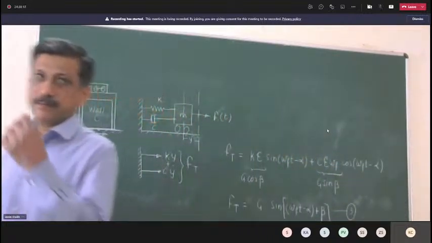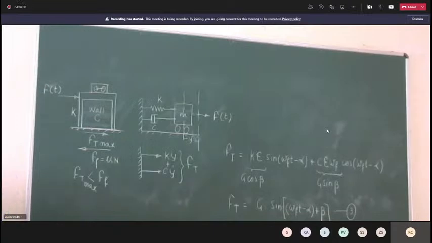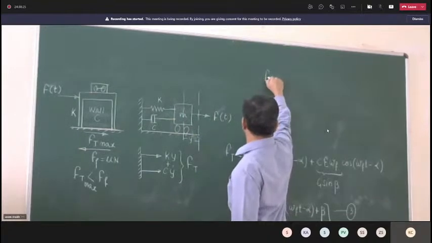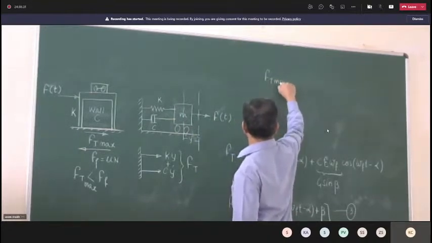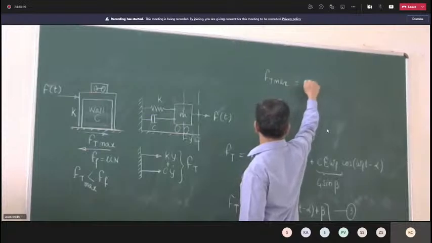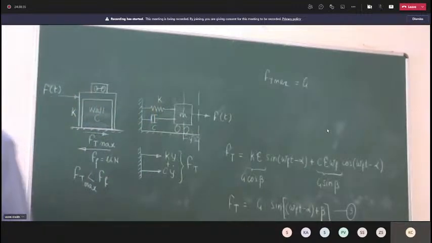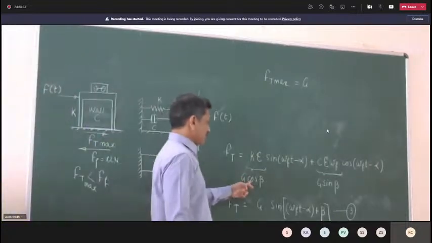From equation 3, the maximum force transmitted to foundation Ft max is equal to G. How will you calculate G? You have to work on these assumptions.